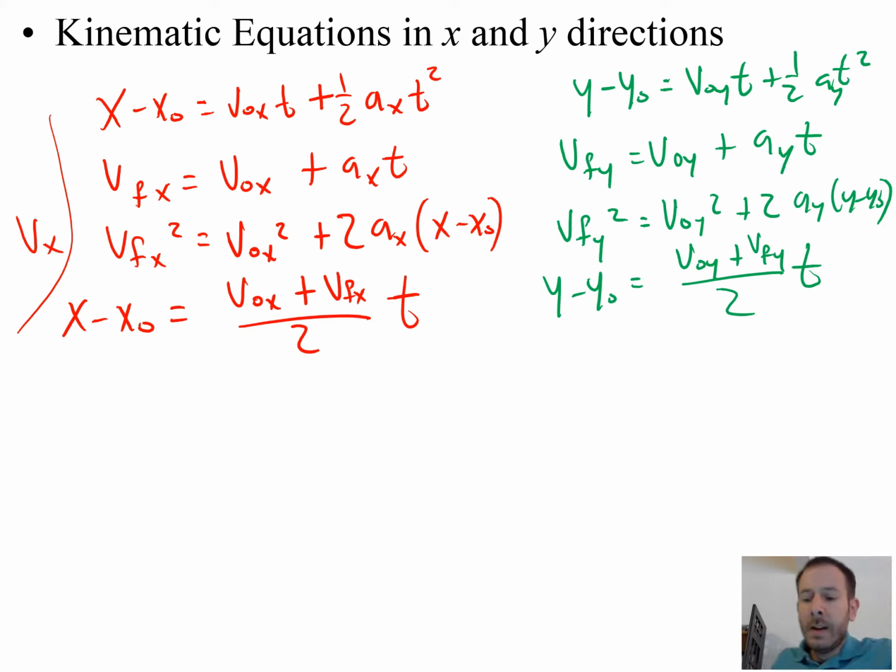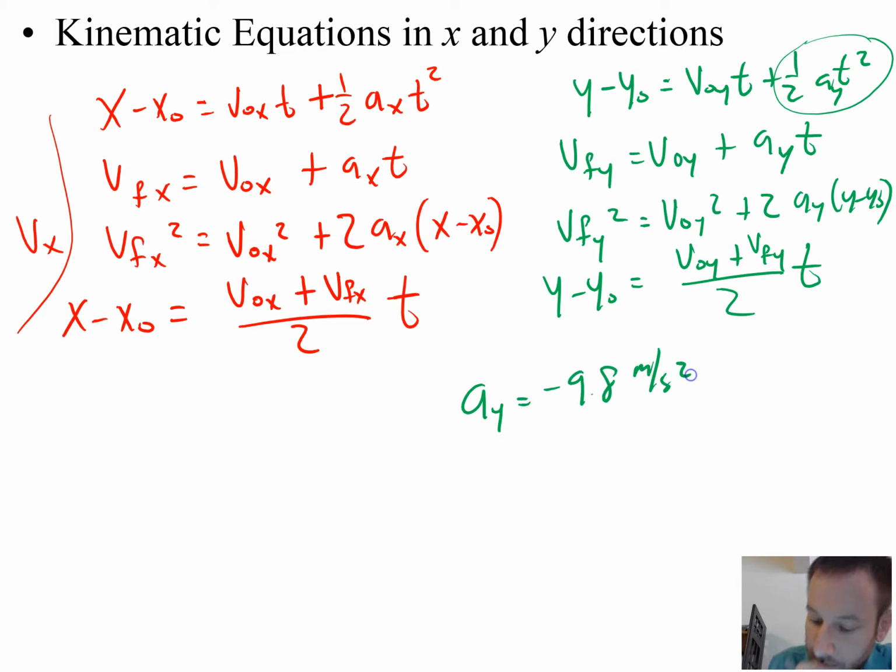Okay. Now, something to point out, this term here, anytime we have the acceleration, sometimes it's written with a negative g in there instead for the acceleration. So we know that the acceleration in the y direction is negative 9.8 meters a second squared.